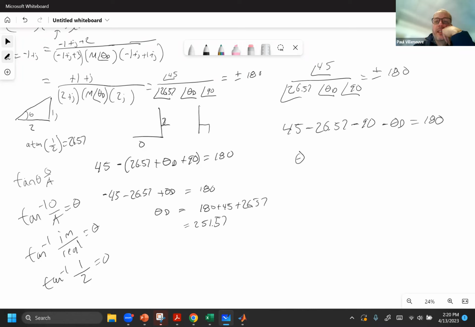So theta d is equal to, well, let's do minus and then we'll do plus so we can get the plus on the side. So this is 180 minus 40, plus 45, plus 45 minus 26.57 and minus 90. Is that correct? Is that what I have?